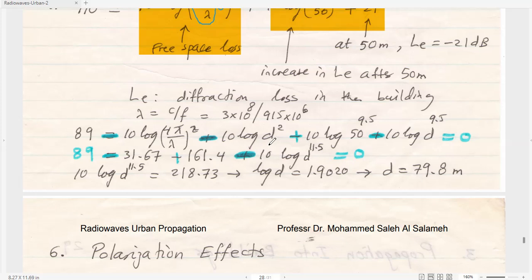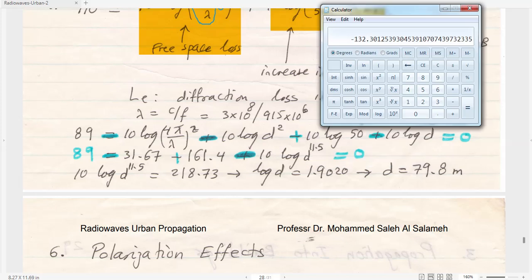This is 20 log d, and this is minus 95 log d. Minus 95 minus 20 is minus 115, and 115 over 10 is 11.5 log d. And this is constant, and this is constant. Okay, calculate this here.